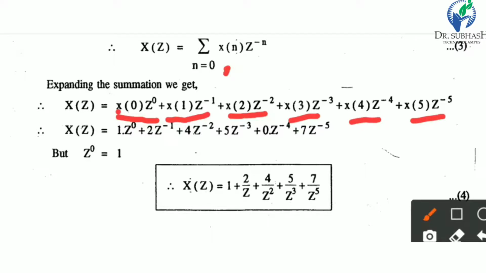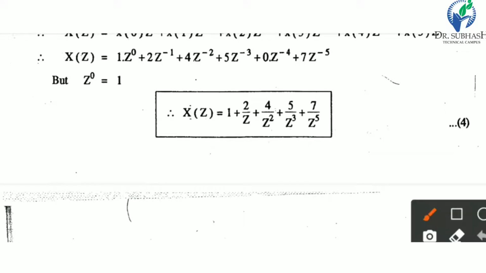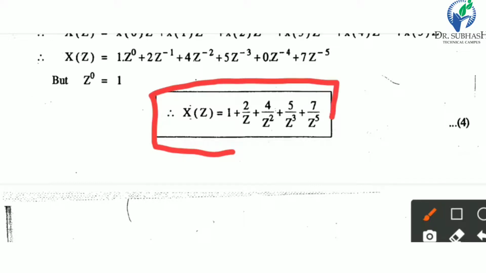So x of z becomes 1 multiplied by z raised to 0, 2 multiplied by z raised to minus 1, 4 multiplied by z raised to minus 2, 5 multiplied by z raised to minus 3, 0 multiplied by z raised to minus 4 and 7 multiplied by z raised to minus 5. z raised to 0 means 1, z raised to minus 1 means 1 upon z, z raised to minus 2 equals 1 upon z square.